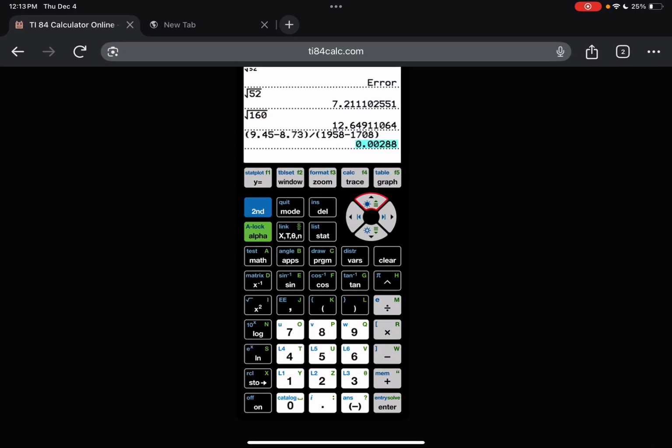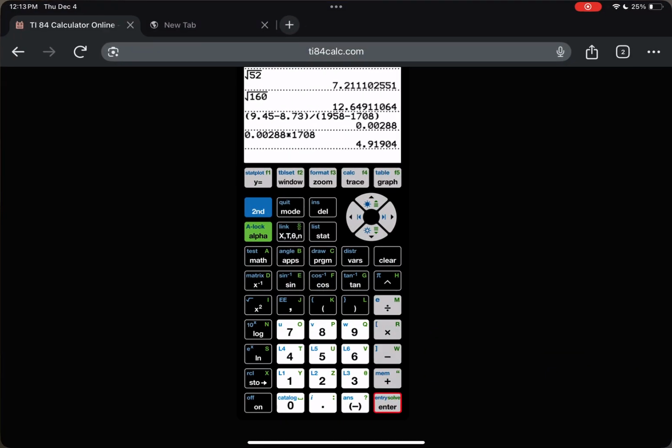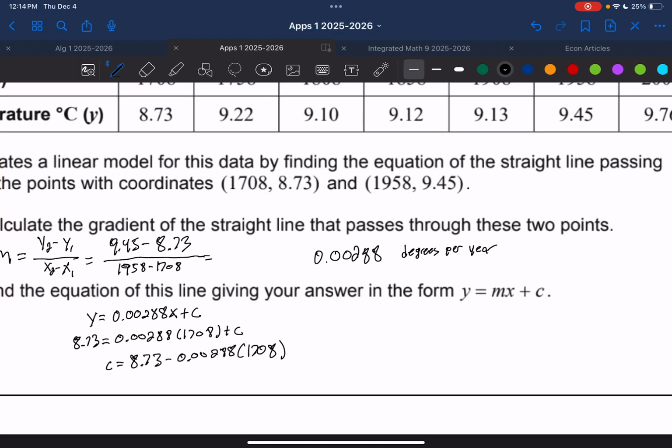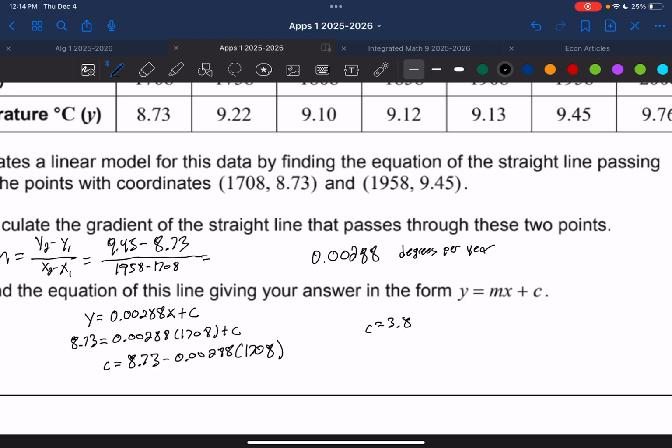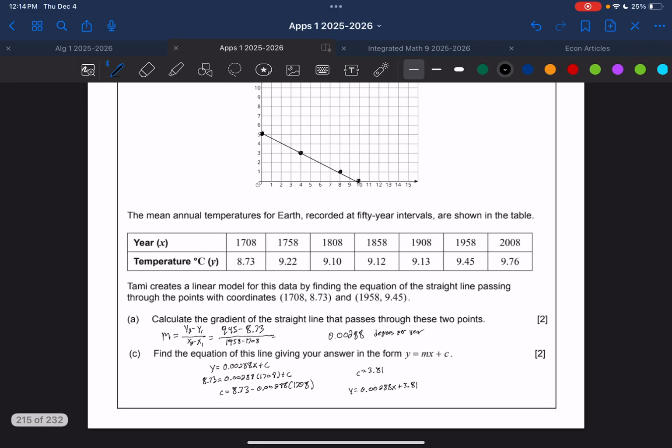So first I'm going to multiply this by 1708, and then take our 8.73, our y value, and subtract that. And we will get 3.81. So c is equal to 3.81, meaning that our entire equation here is 0.00288x plus 3.81.